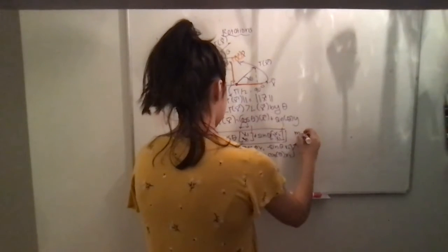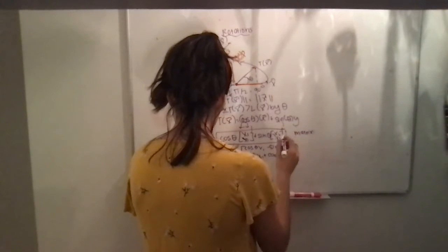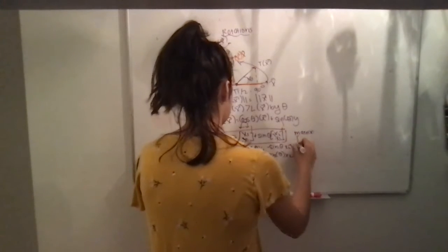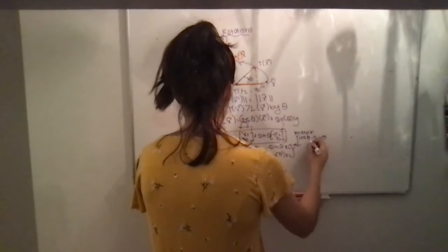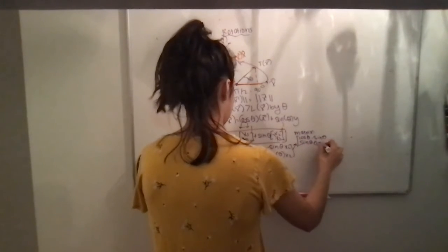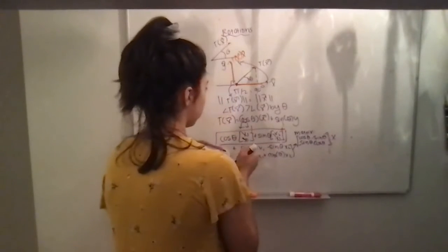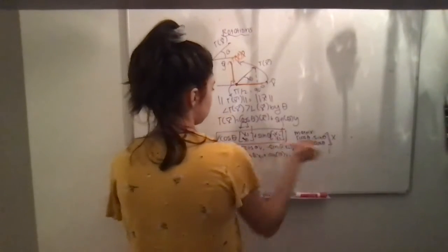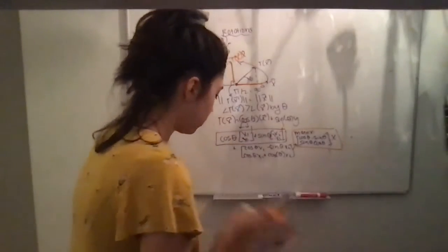So our matrix for any rotation would be cosine theta, minus sine theta, sine theta, cosine theta, times x. Easy peasy. And then I will sum this up with a very quick theorem.